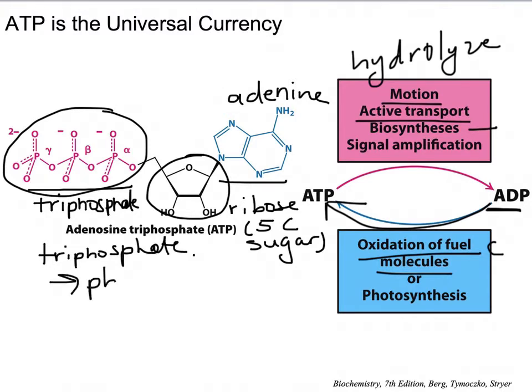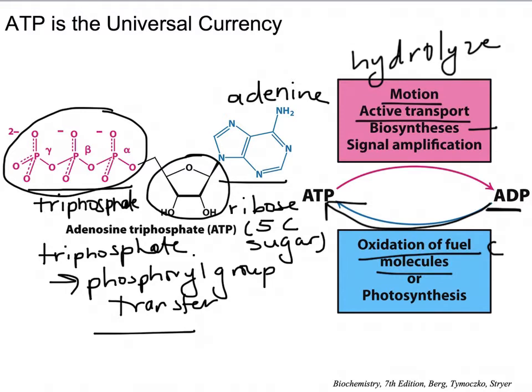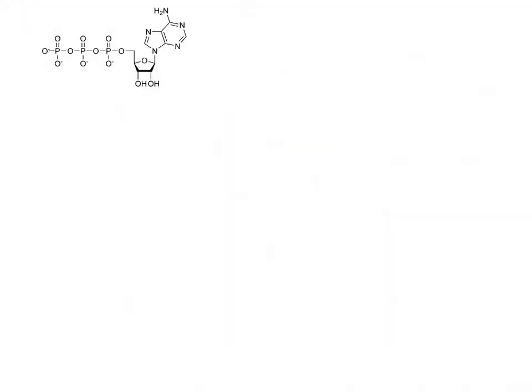So it's going to be a phosphoryl group transfer. That's where the energy lies. So let's look at the structure of ATP and see why it is the energy carrier.